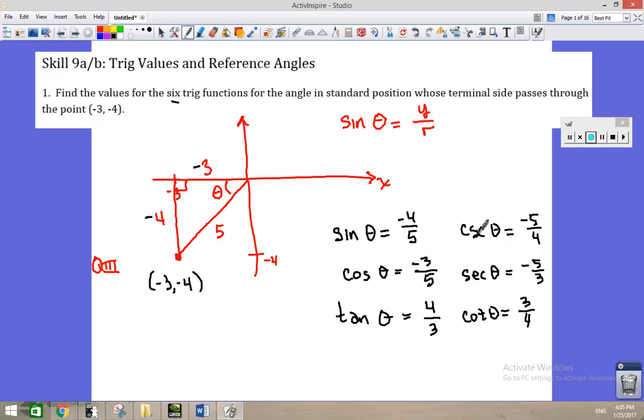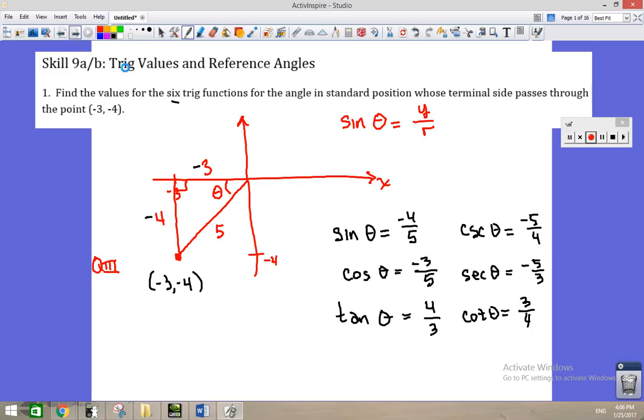Or you could go cosecant is the hypotenuse over the opposite leg, secant is the hypotenuse over the adjacent leg, and cotangent is the adjacent leg over the opposite leg, and the negatives cancel. Anyway, for problem 1, that's our six answers, and the sign is important. The fact that sine, cosine, secant, and cosecant are all negative is very important.